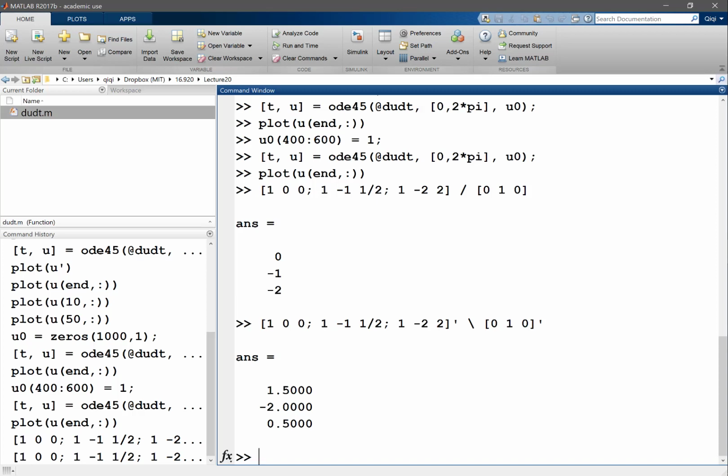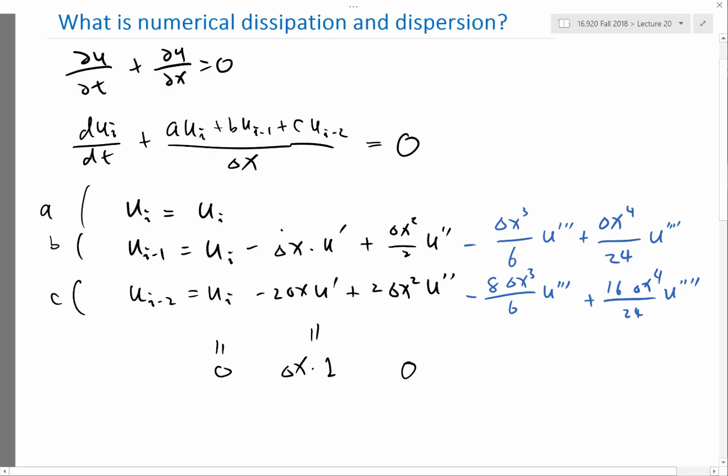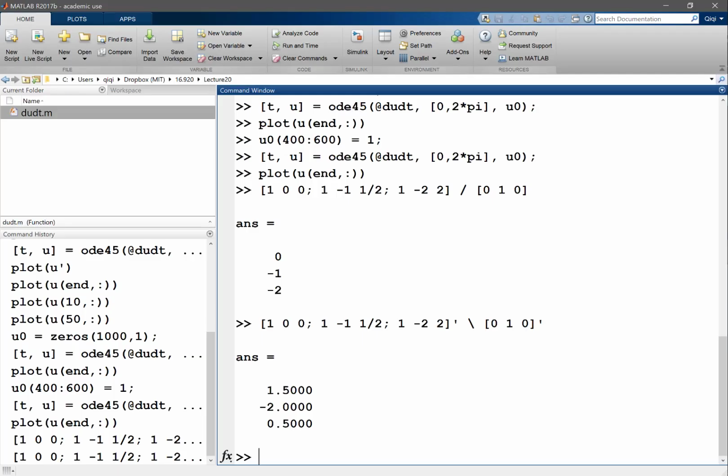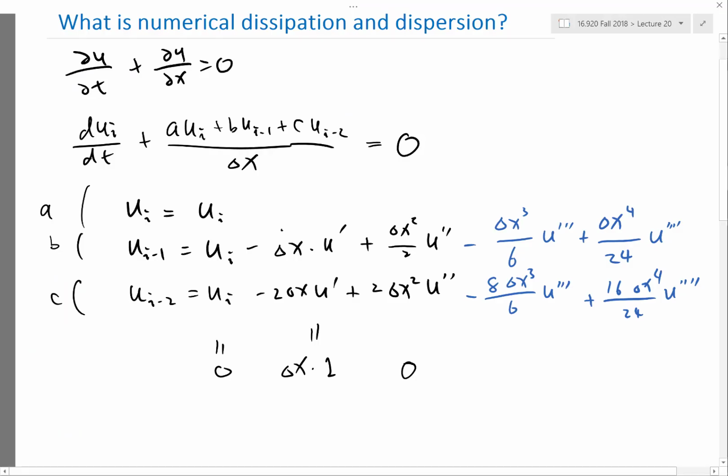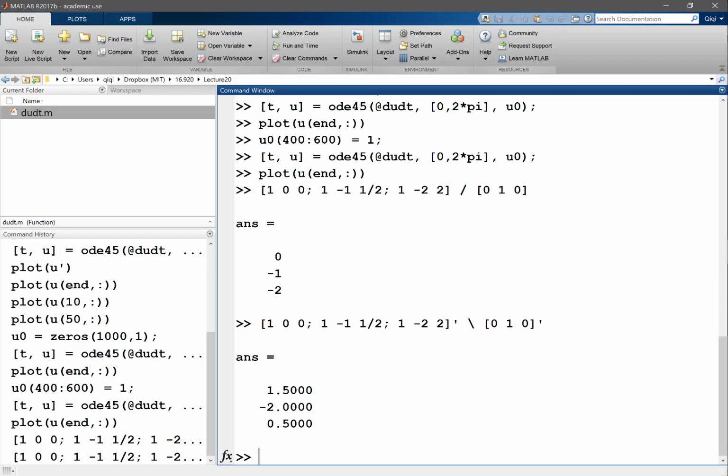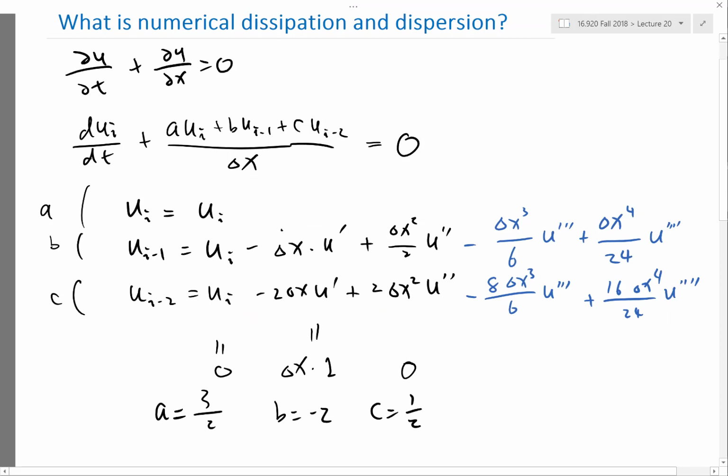So basically, the transpose of this matrix right multiplied with a, b, and c has to equal 0, 1, and 0. Right. Okay, so this is our scheme. Our a is equal to 3 over 2, b is equal to minus 2, and c is equal to half. All right, so this is our scheme.